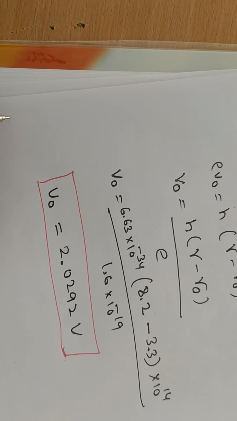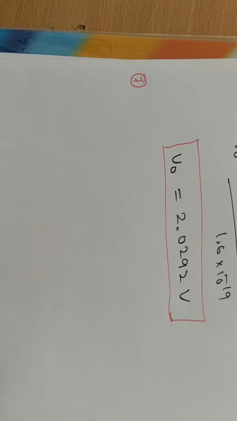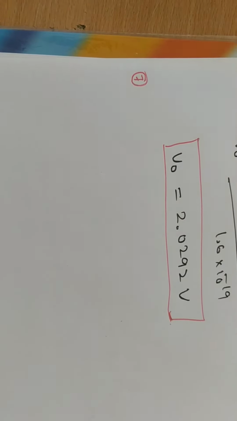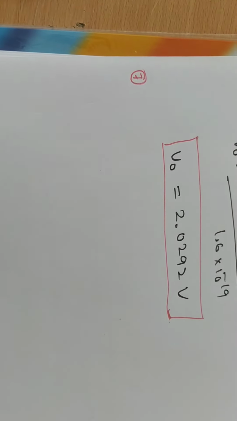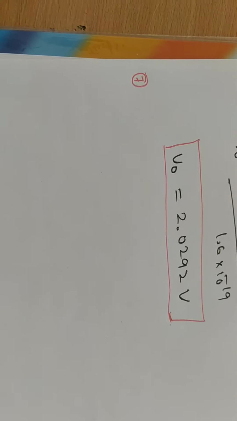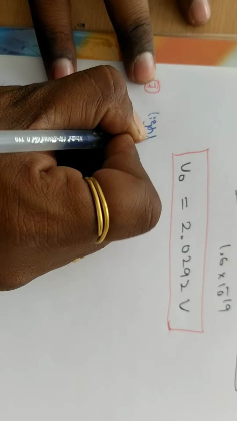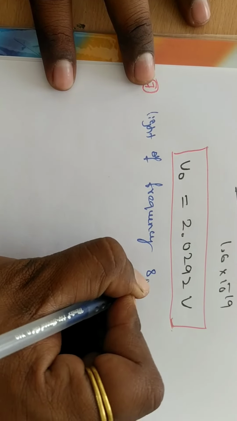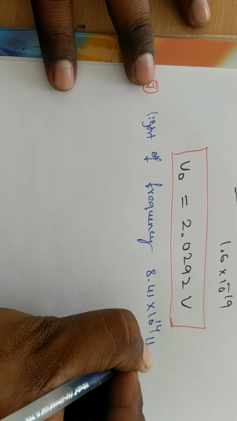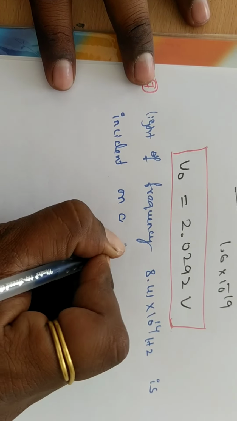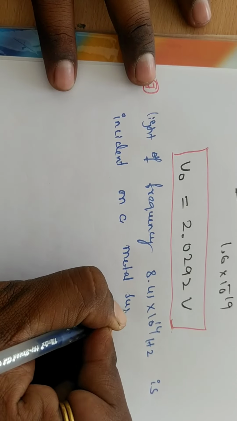Next, problem number 7. Light of frequency 8.41 into 10 to the power of 14 hertz is incident on a metal surface.